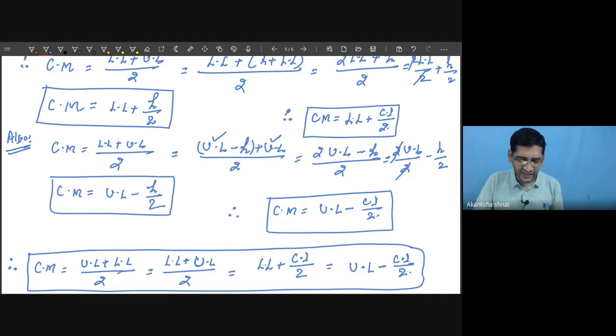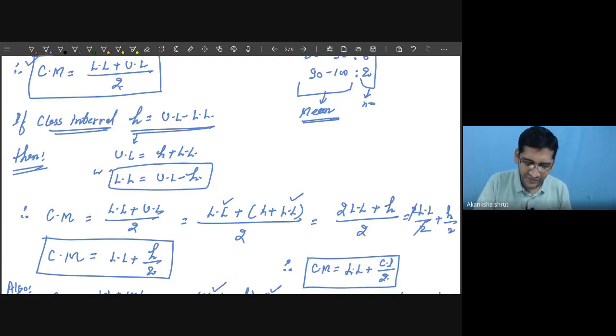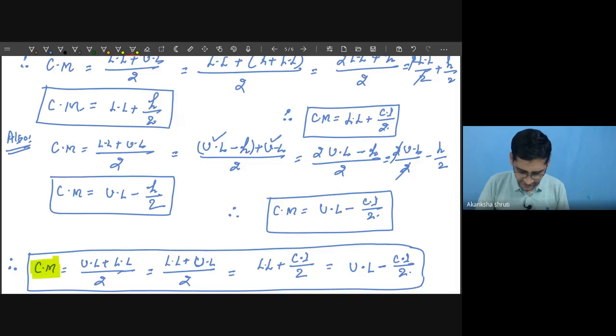Where CI, class interval, represents this thing. Okay, student, do not forget this. This is the class interval, so h or CI, please do not forget this. Then this CM can be calculated by taking upper limit plus lower limit by 2, one formula, or lower limit, to which we need to add the class interval by 2.